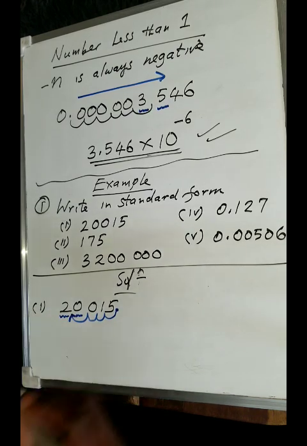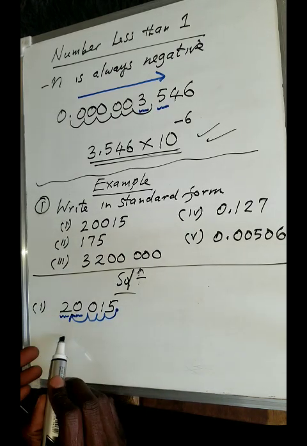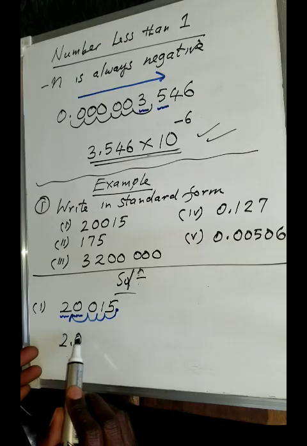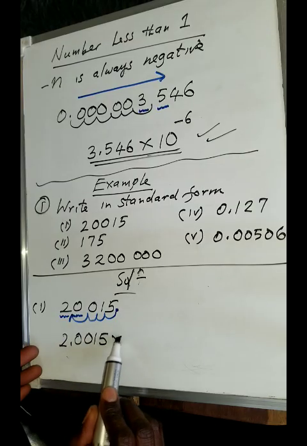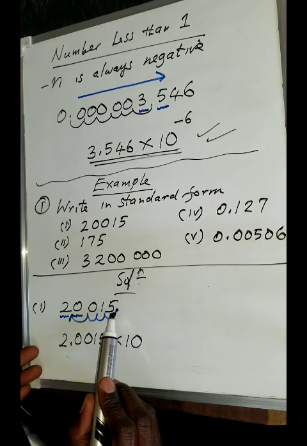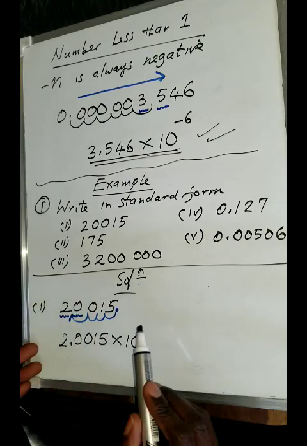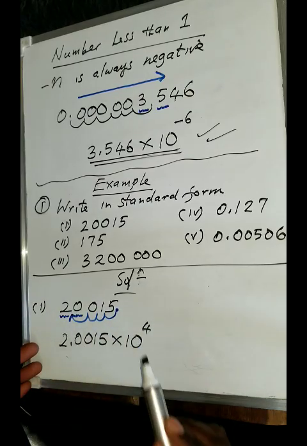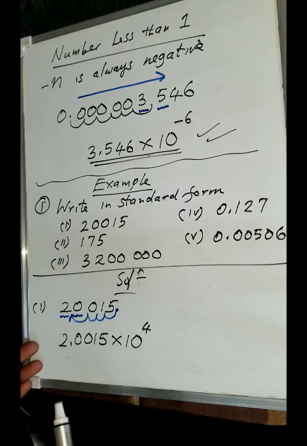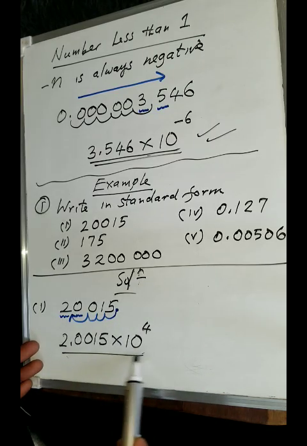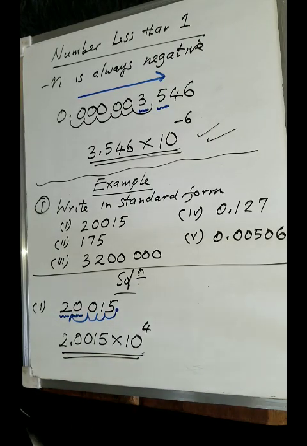So we can write it as 2.0015 times 10 raised to the power 4. If the number is greater than 1, you raise it to a positive index. Your n is going to be positive. That's what we mean.